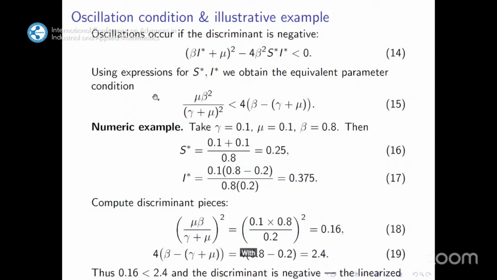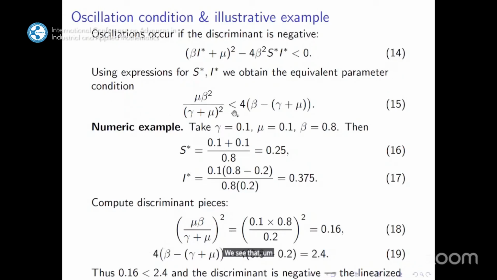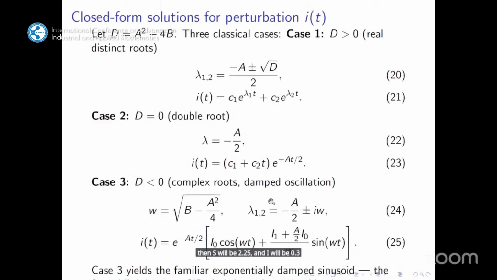With those endemic equilibrium points that we have discovered in equations 12 and 13, this is the term that we'll have, 15. If we have the parameters alpha, mu, and beta, then S will be 2.25 and I will be 0.37.